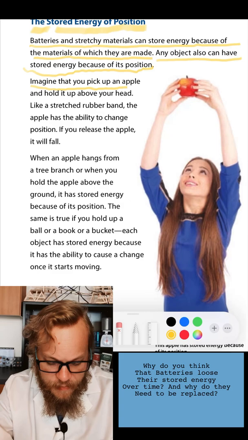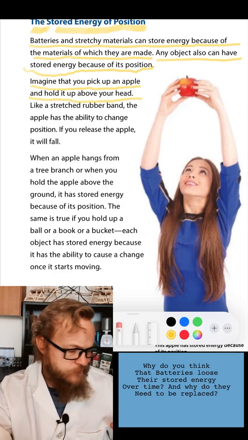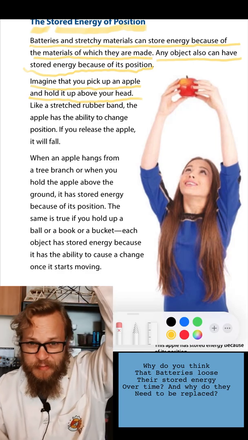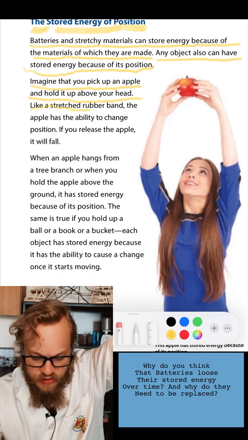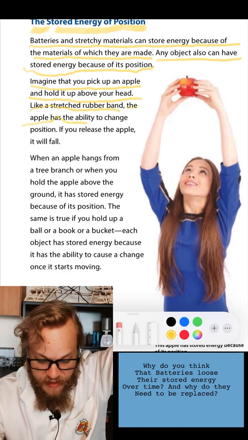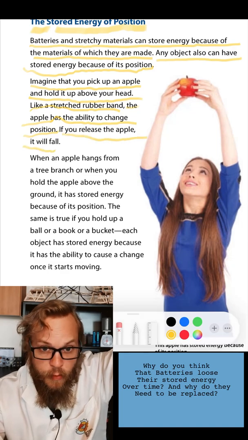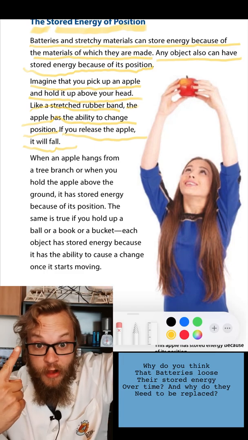Imagine that you pick up an apple and hold it up above your head. I don't have an apple, but how about some Clorox wipes? I'm going to hold this above my head. Like a stretched rubber band, the apple, or the Clorox wipes, has the ability to change position. If you release the apple, it will fall. If I release this, it will fall.